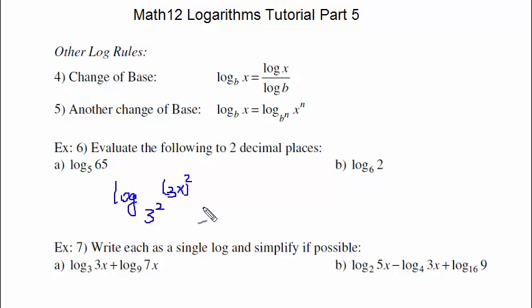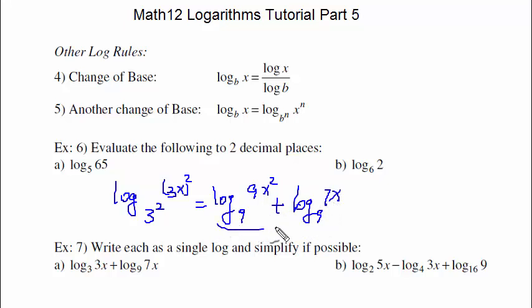It's just equal to log base 9 of 9x squared. Simple enough. And then we add log base 9 of 7x. Now we have the same base, so we can apply the product rule. So it's log base 9 of 9x squared times 7x, which is 63x cubed. They ask you to write it as a single logarithm, simplified as much as possible. That is simplified enough. Make sense?